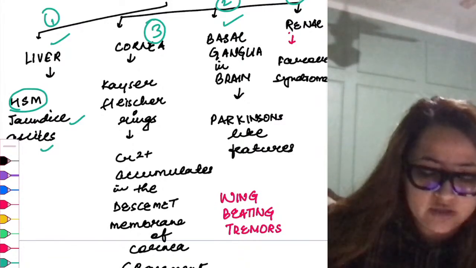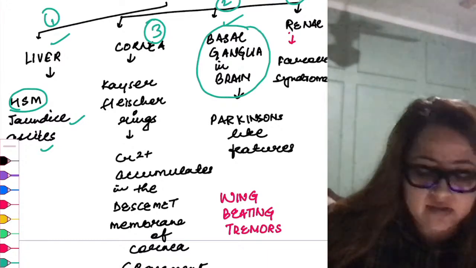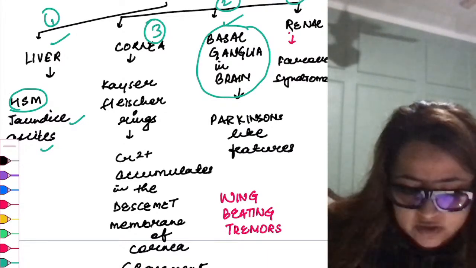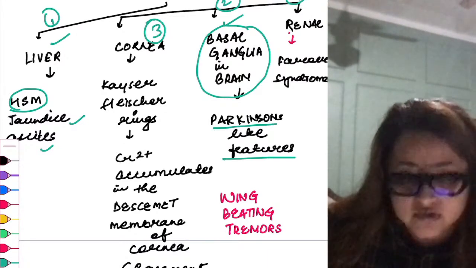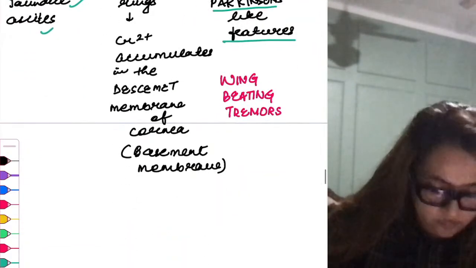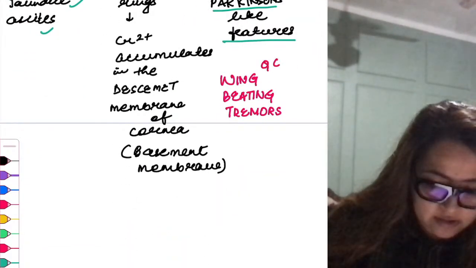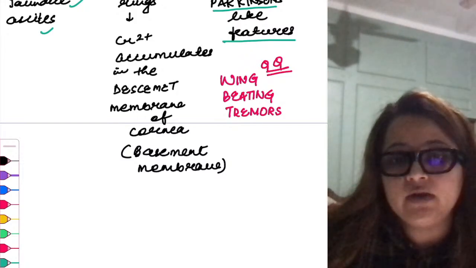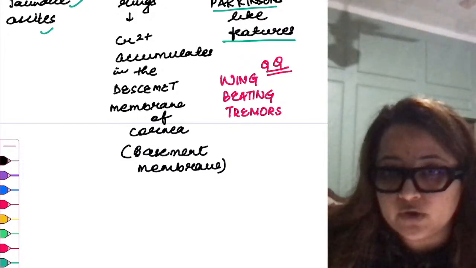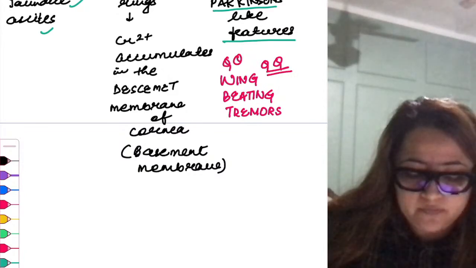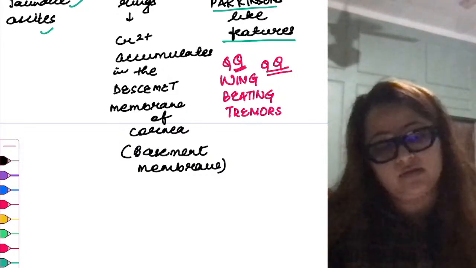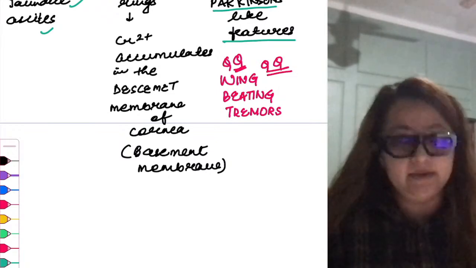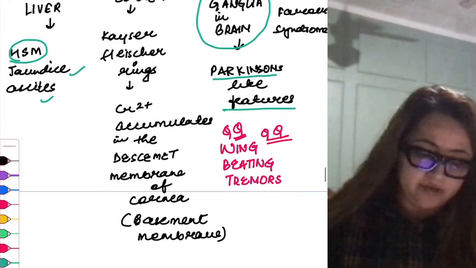When you talk about the copper accumulation in the basal ganglia and the brain, the patient will start to have Parkinson-like features. And a very, very high yield point here, so you can highlight it, the wing beating tremors. Wing beating tremors are low frequency, high amplitude tremors that are seen in case of Wilson disease. So they are the high amplitude tremors. Keep this point in mind.